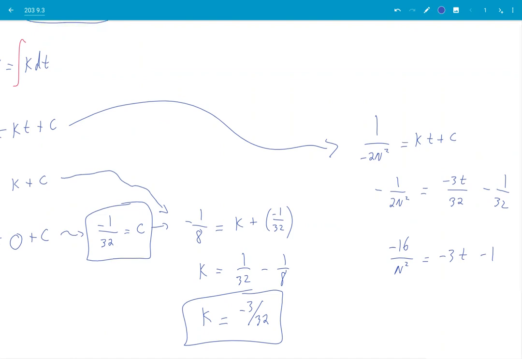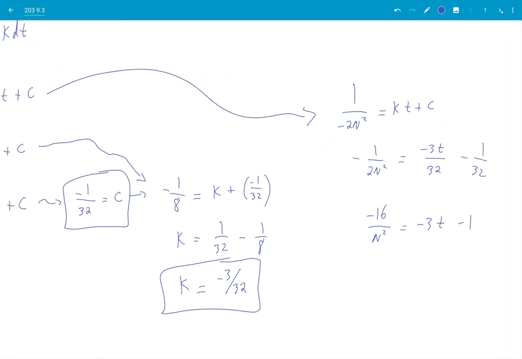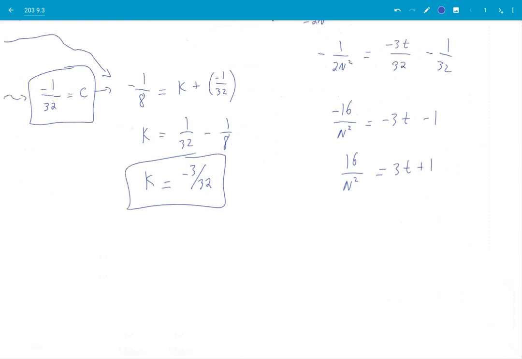Now, the negatives are unpleasant, so I'll multiply both sides by negative 1. And then I will invert both sides to get closer to my goal, which is isolating n. And then, again, n squared is 16 over 3t plus 1.